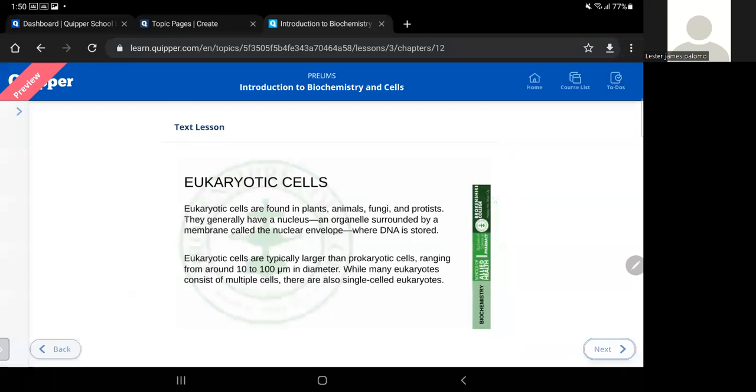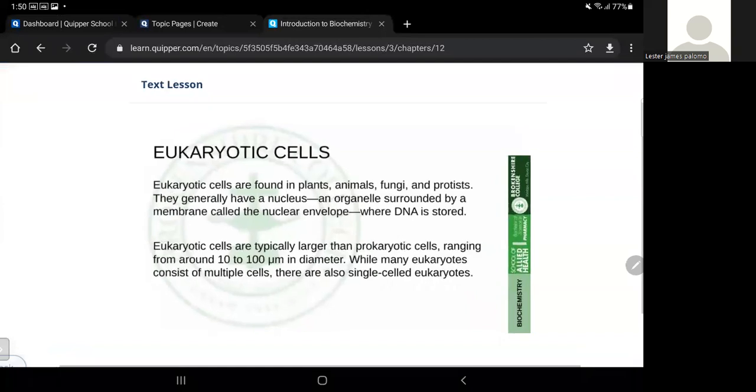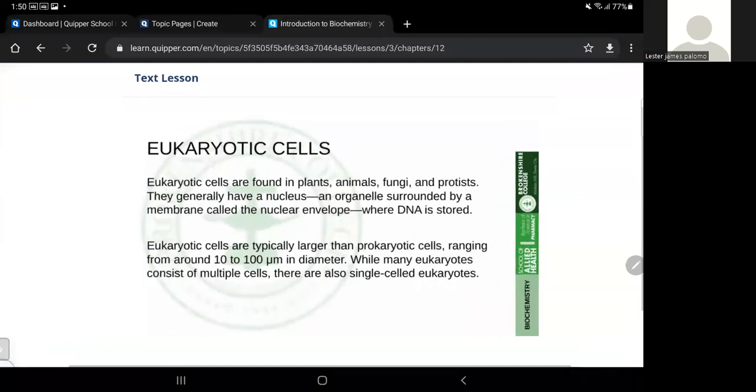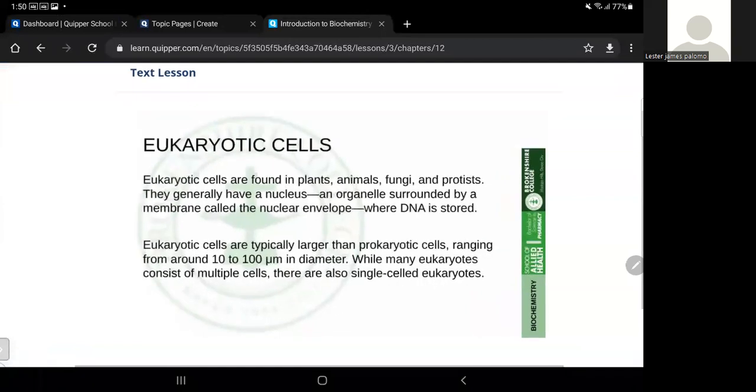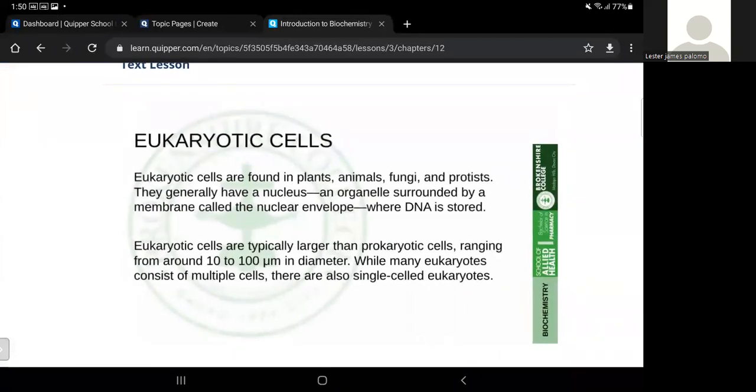And then we have the eukaryotic cells. When we talk about eukaryotic cells, these are found in plants, as I have said, animals, fungi, and protists. They generally have a nucleus, an organelle surrounded by a membrane called the nuclear envelope, wherein the purpose of your nucleus is to store the genetic material, your DNA.